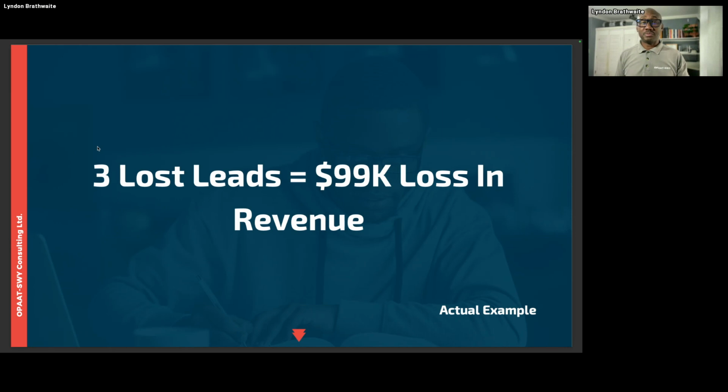I think it was for a master's program, about $33,000 per program. What happened is they passed it on, let's say, via paper, and they gave it to the sales rep, and the sales rep may have taken it and put it on the table, never called the people on day one. And what happened is that those people went elsewhere.